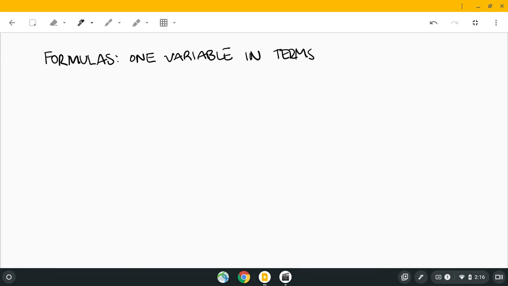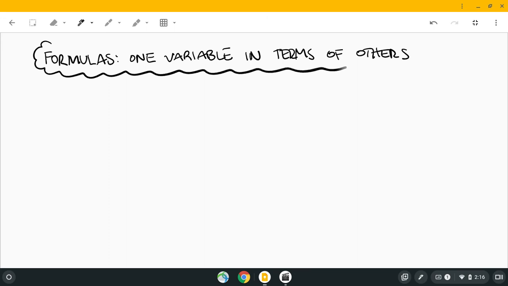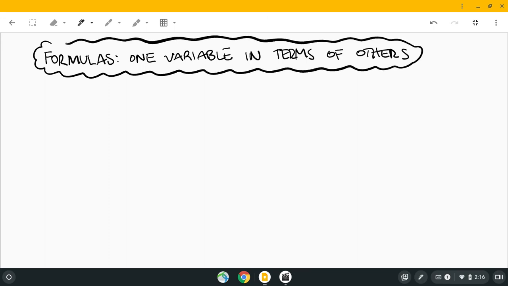Okay, let's go ahead and take a look at formulas. When you're dealing with formulas, oftentimes you'll have more than one variable, and so you'll have to solve the equation sometimes for one of the variables, and it will be in terms of other variables.